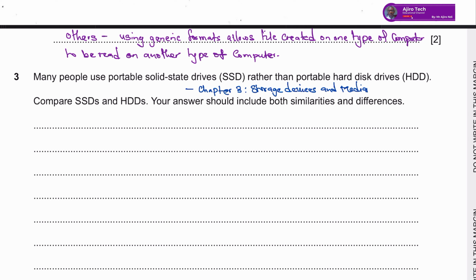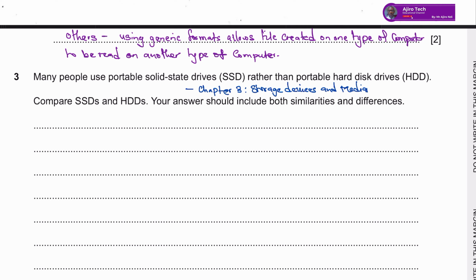Let's talk about similarities. It's important for us to understand that both of them are very useful in backing up our data.